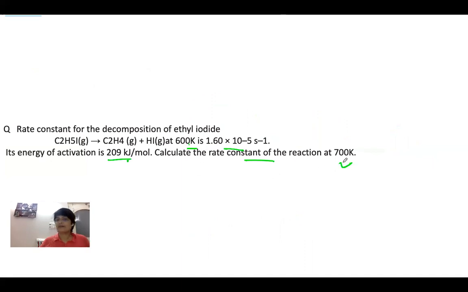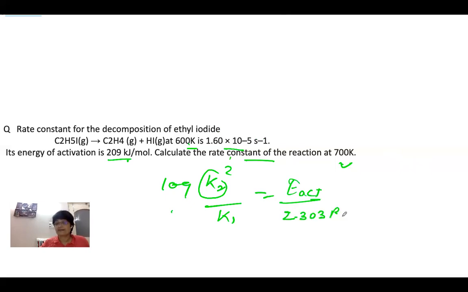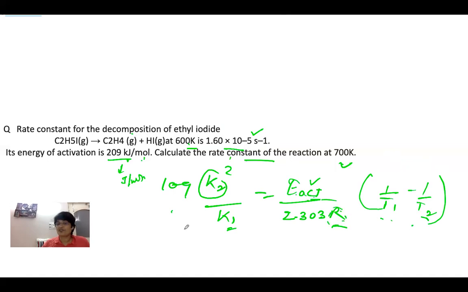So 600 and 700 are the temperatures, and they are asking for K2. You use K2 divided by K1 equal to E act and so on. Always write down the formula first, because the formula carries 1 mark, a half mark is reserved, and the next half mark is for putting in the values. Both temperatures are given, and E act is also given in kilojoule per mole. Remember, you can convert into joules per mole for solving, and check that the units of R and E act are the same.